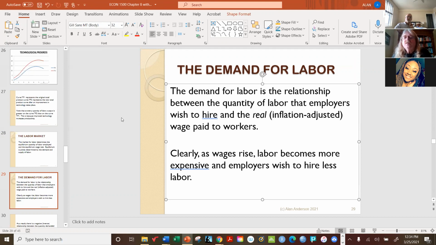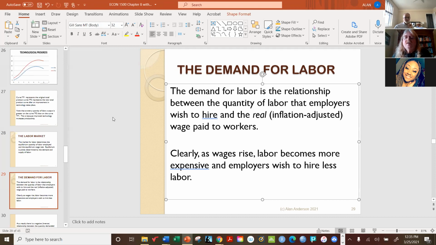So clearly, they will want to hire labor as long as the wages that they pay are no more than the value of what the workers produce. Ideally, the value of what the workers produce should even be more than the wages, but certainly they will not hire labor if the value of what they produce is less than their wages.